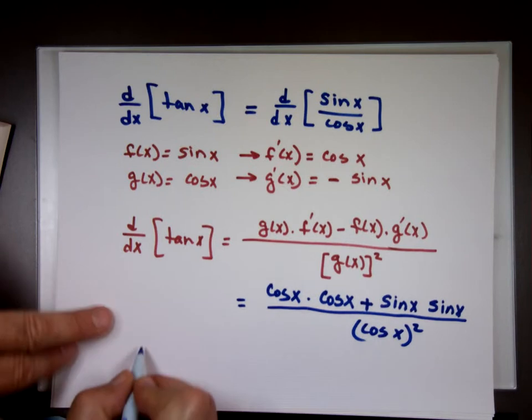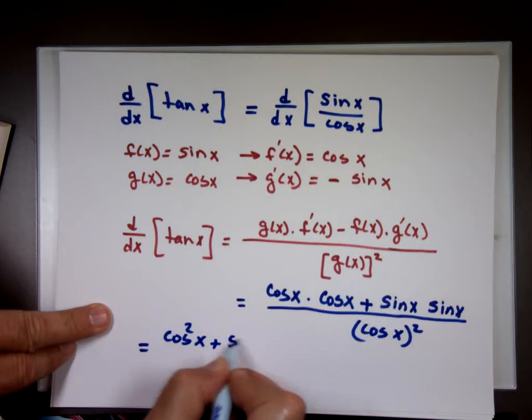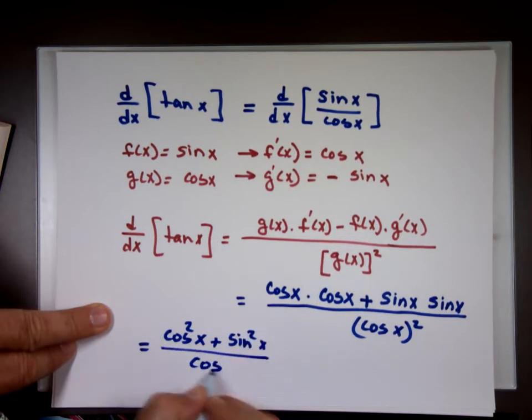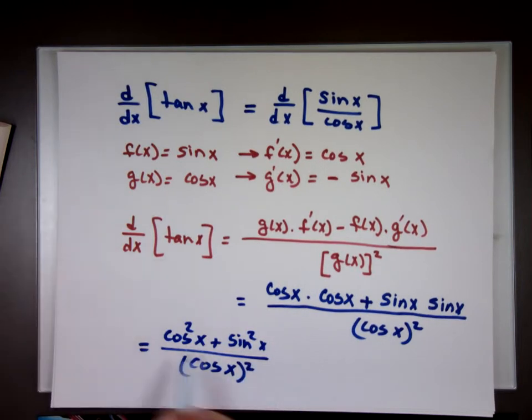And the top, if you simplify it, is cosine squared of x plus sine squared of x. If you took tech math with us at Stick here, we covered that trig identity. What's cosine squared plus sine squared? 1.